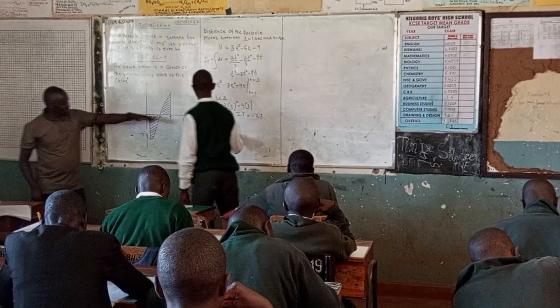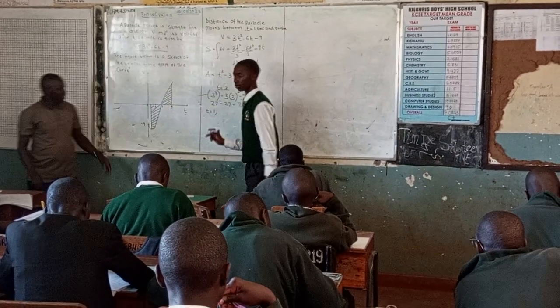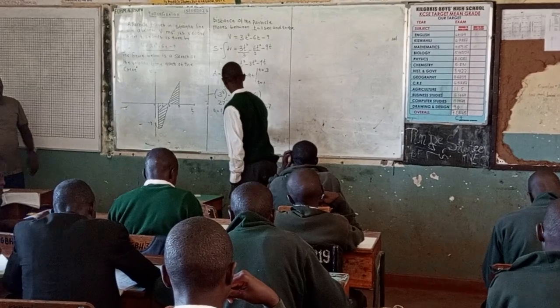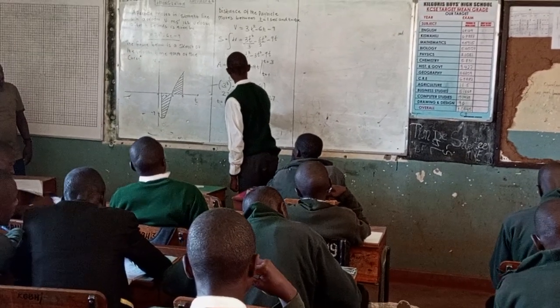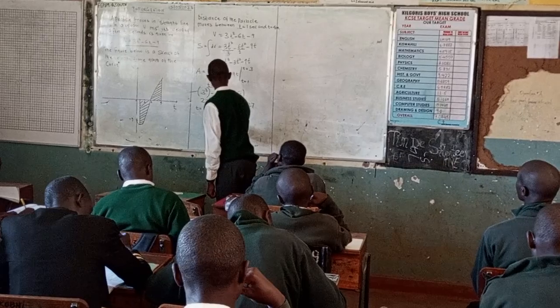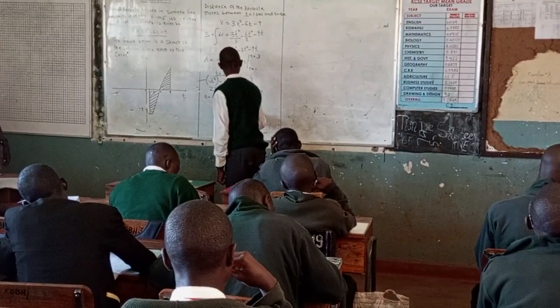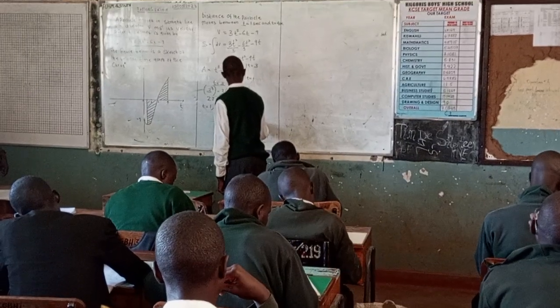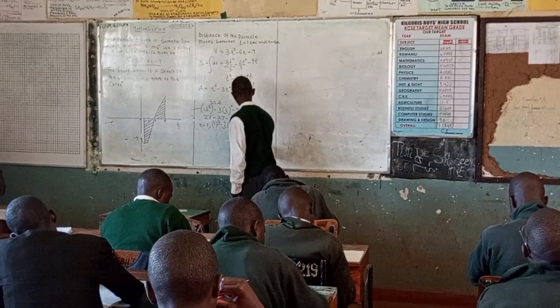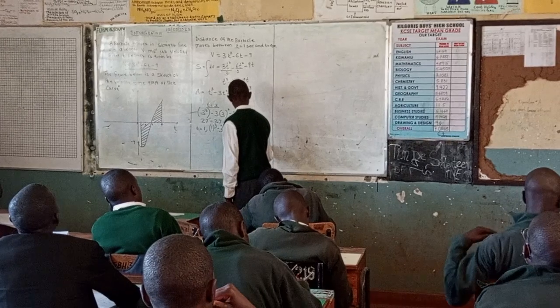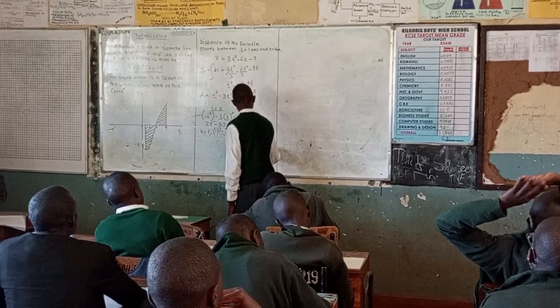Just this last thing and then try to do something. So we have 1, 2 minus 3, 1 minus 9, 1.